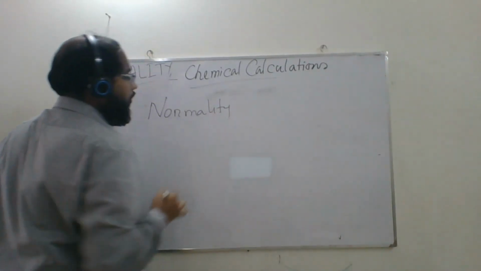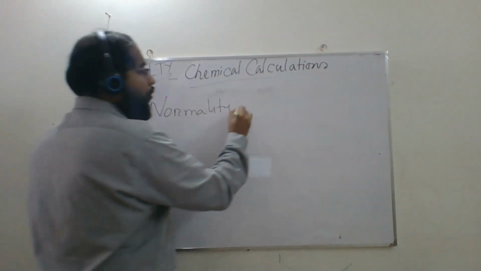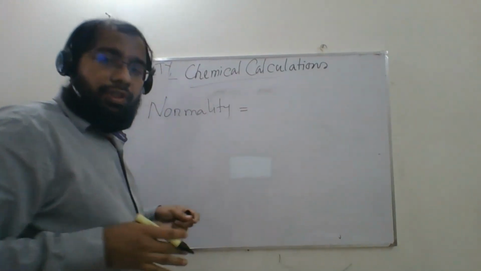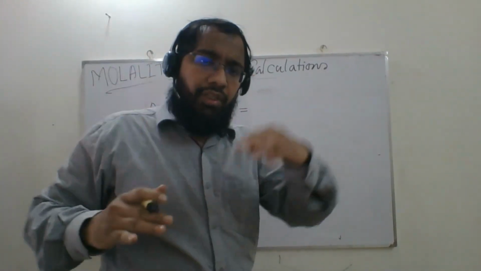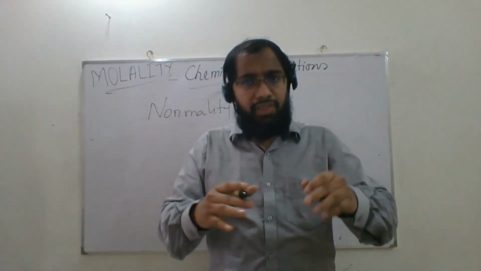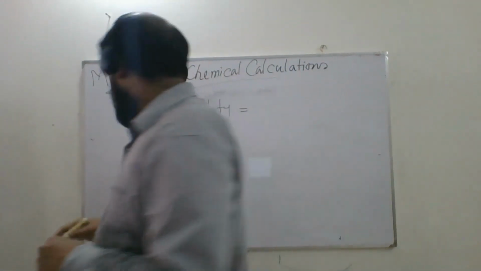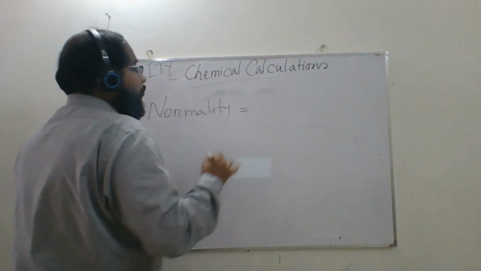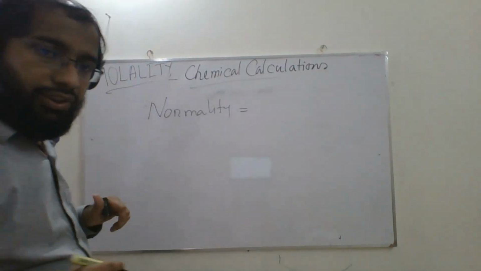Now, for molarity and molality, we use the moles per unit volume, moles per unit mass. That means moles remain the same. But in case of normality, we use a different thing. What is the different thing?